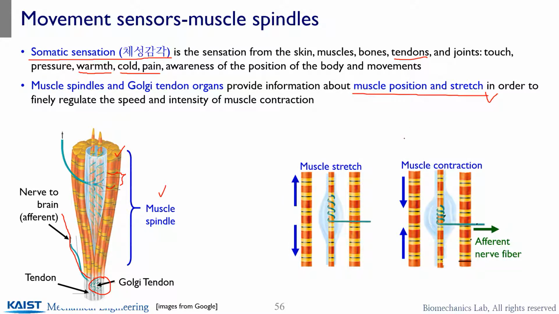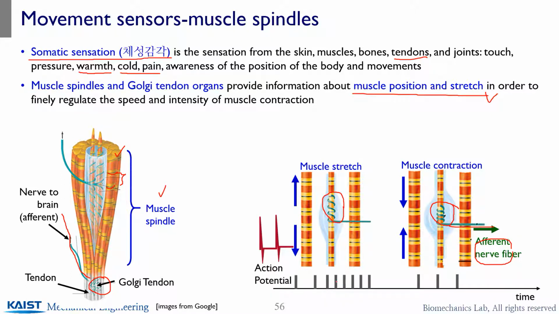Whenever a muscle stretches or contracts, the spindle configuration changes, and those changes are transferred as a nerve signal, like an action potential. For the stretch, there is an enhanced action potential frequency, and for the contraction, there's none. By having those different action potential profiles, our brain can interpret the joint position.